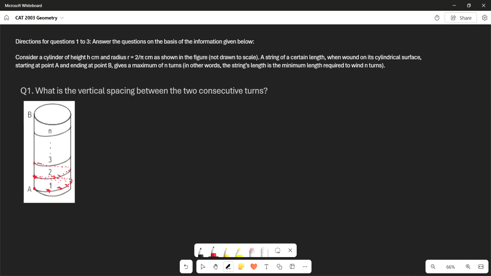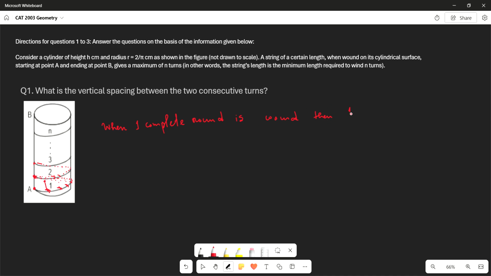So when one complete round is done, I have created one vertical distance, right?